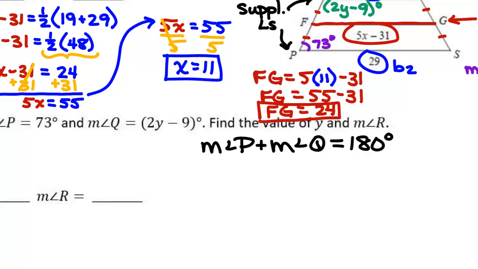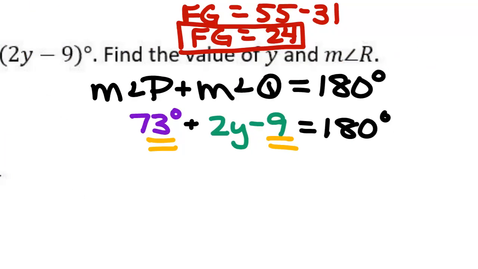Angle P, of course, is 73 degrees. Angle Q is 2y minus 9. And when we add those together, it adds to 180. I can combine my like terms that don't have a variable with it. 73 minus 9 would be what? 64.